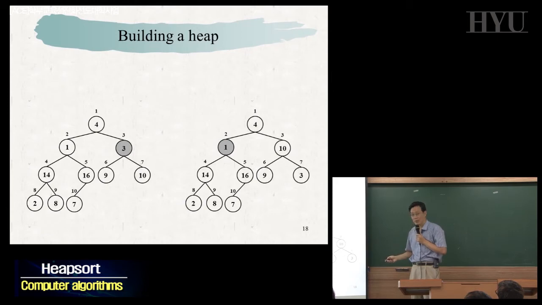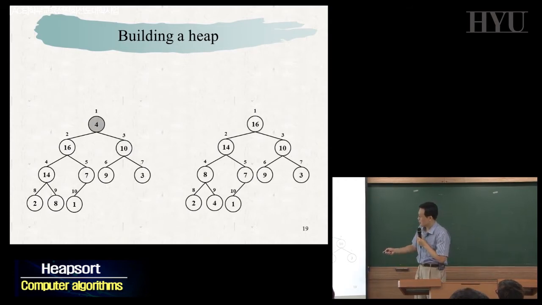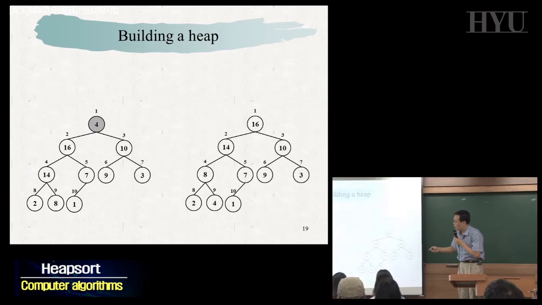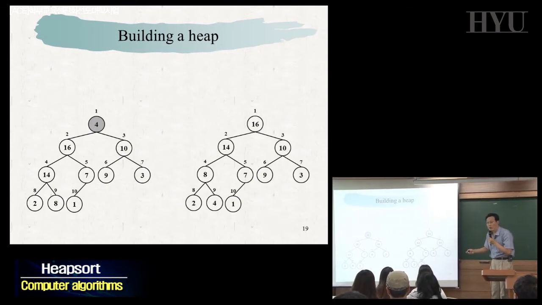So 1 and 7 are compared, and 7 is bigger than 1, so they are exchanged again. So we get this. And finally, we can say in this way, 1 floats down along this path.